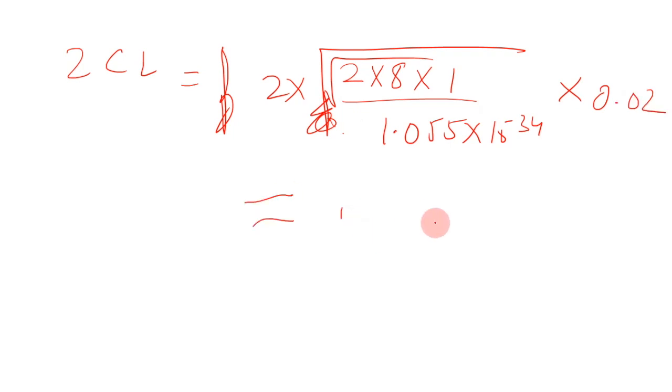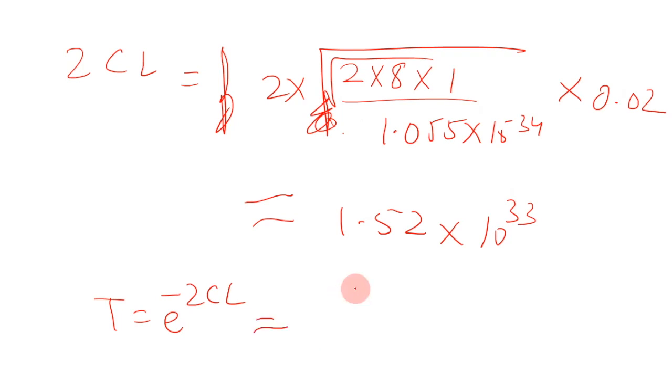Calculate this whole thing, you get 1.52 into 10 to the power 33, and then T is equal to e to the power minus 2CL, which is minus 1.52 into 10 to the power 33. And when you get this whole thing, you see, this is very less.